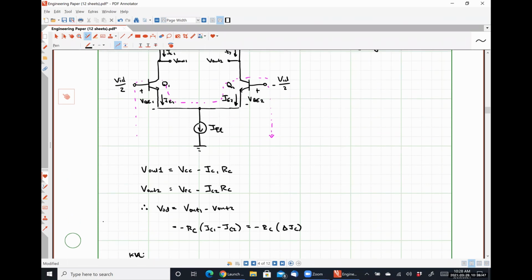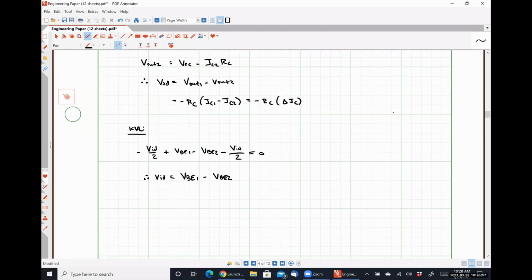Anybody see anything out of sorts with that relationship? Because we're dealing with a BJT transistor, we can express VBE as a function of IC, our collector currents, right? VBE is VT natural log IC over IS.